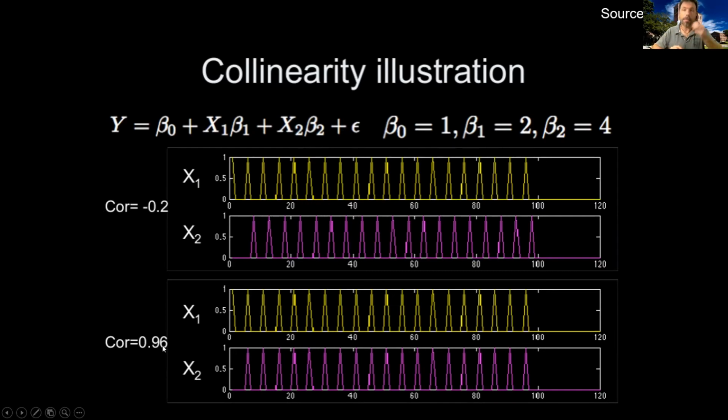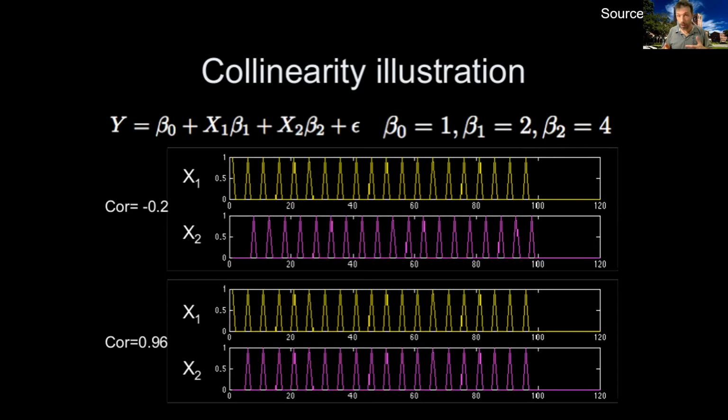Now, keep in mind that these are simulations. So we will give the true value to beta 1 and beta 2. Then we will add noise, and then we'll run a regression and see how well we can recover these values. So beta 1 we know is equal to 2, and beta 2 we know is equal to 4. We are setting them.